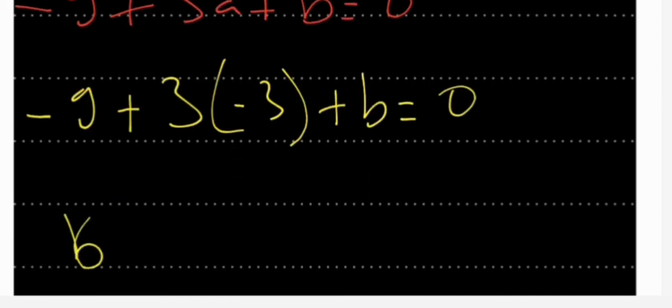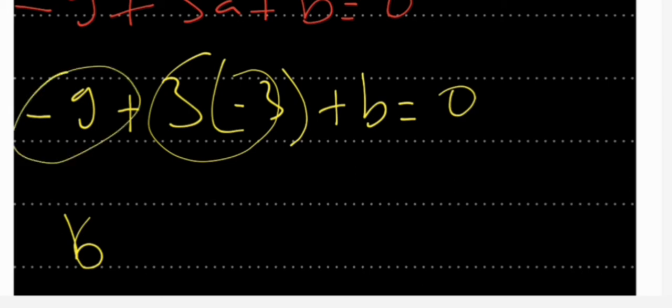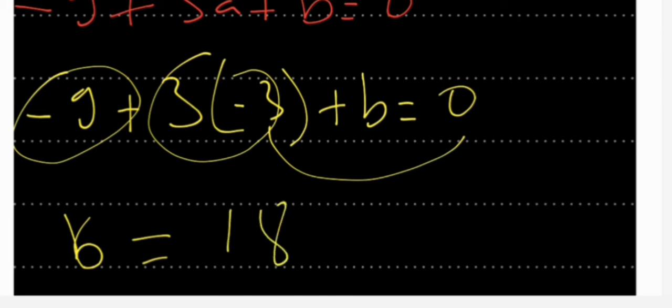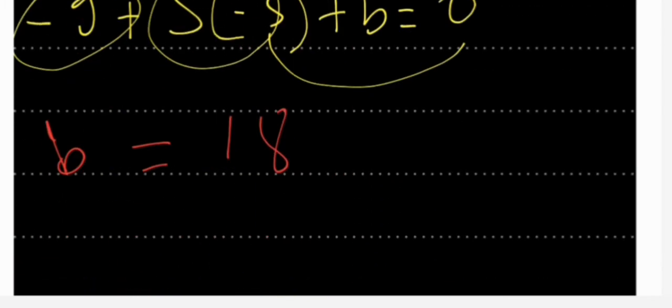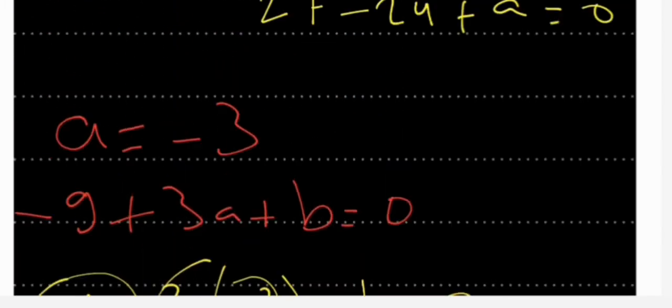So notice that minus 3 multiplied by 3 is minus 9. Minus 9 minus 9 is minus 18, goes to the other side, plus 18. So these are our values of a and b: a is equal to minus 3 and b is equal to 18.